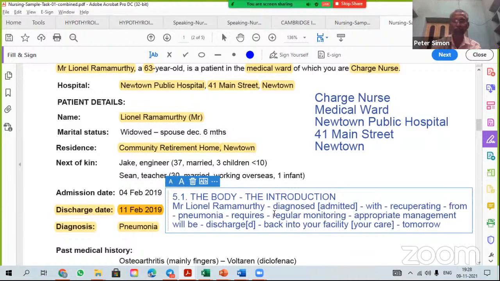Mr. Ramamurthy, then who, who was diagnosed or who was admitted or who has been recuperating. So who admitted with or has been recuperating. This is how.